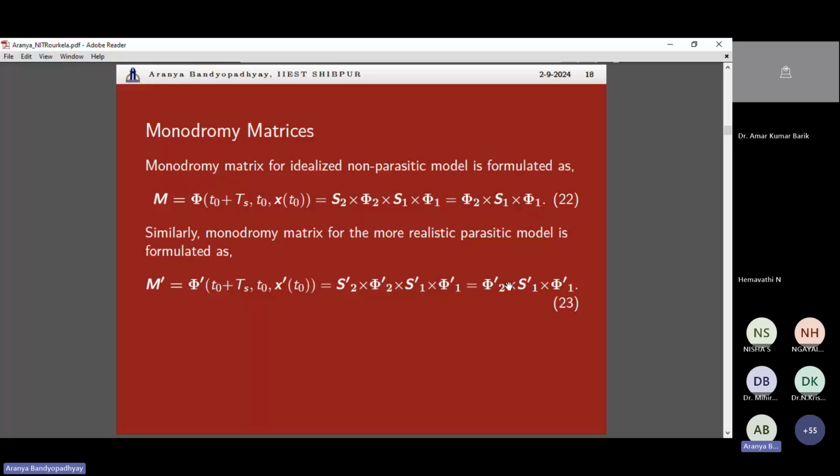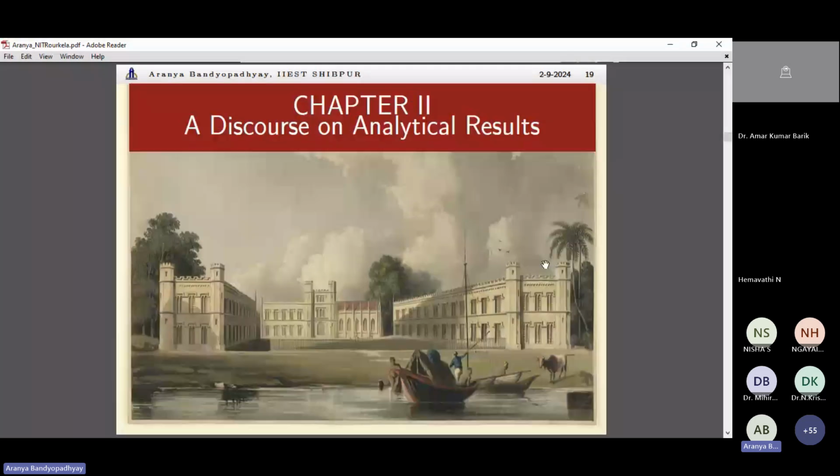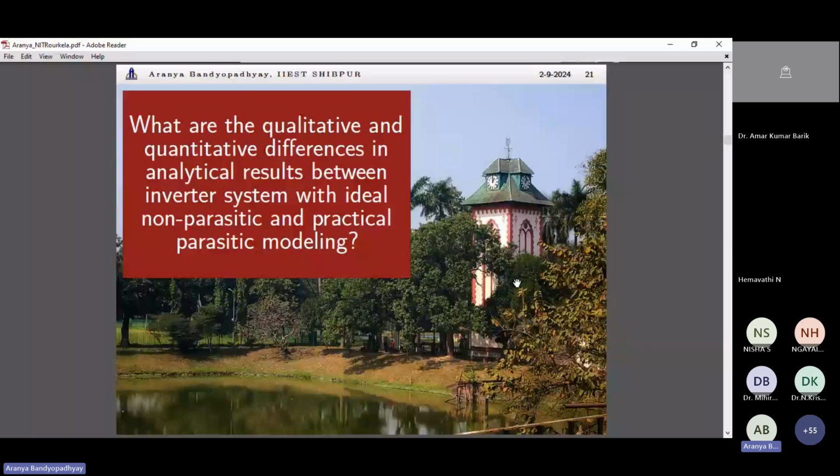Now, let us take a look at some analytical results. For the first case, let us look at comparative analytical results on idealized and resistive parasitic models. At this stage, let us try to answer this question: what are the qualitative and quantitative differences in analytical results?